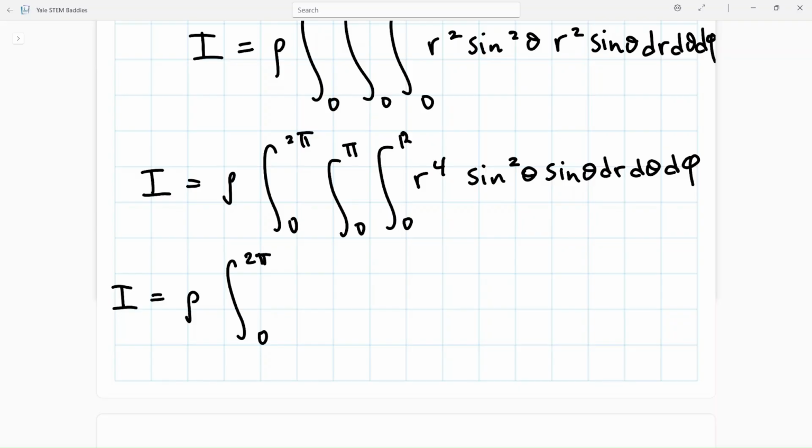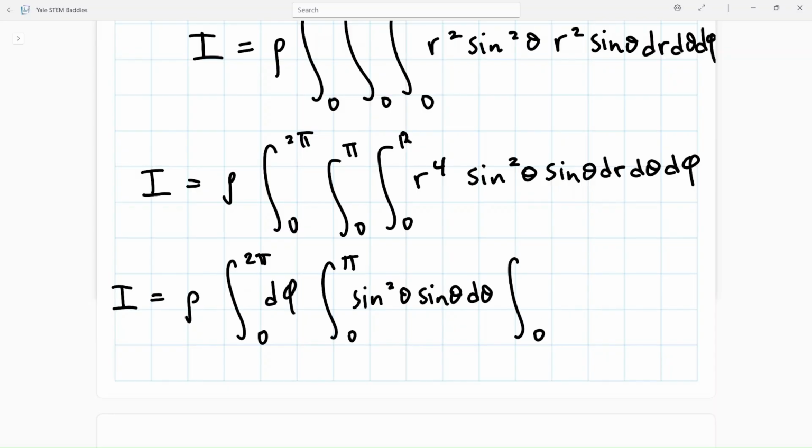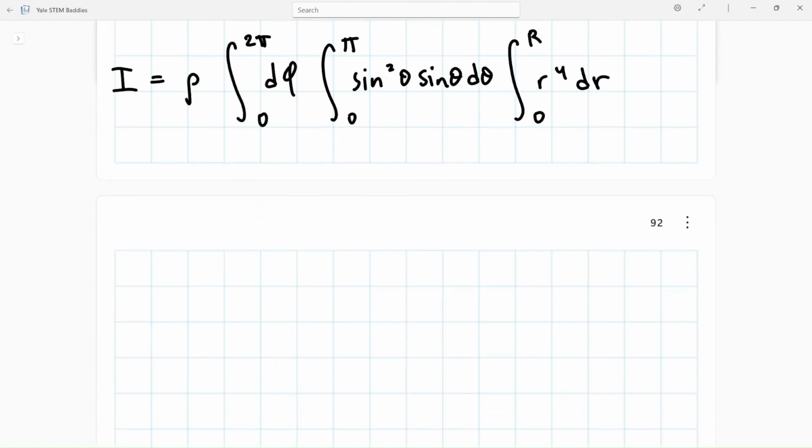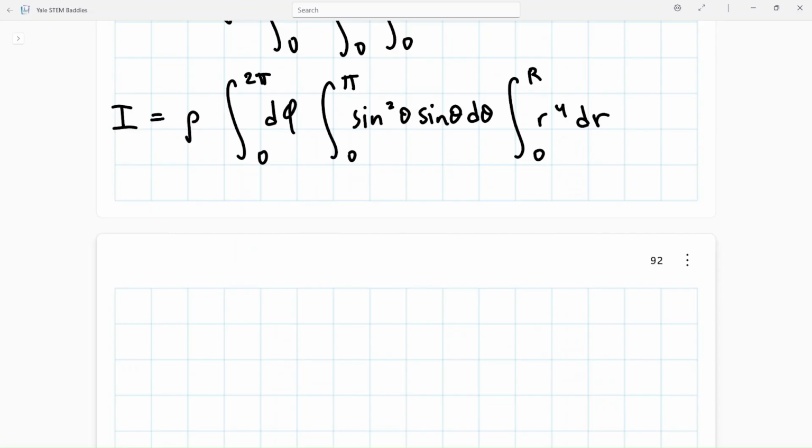So what is our phi integral? Well, there's no function in these guts with respect to phi. So phi is alone here. Our theta integral goes from 0 to pi, and we're left with sine squared of theta times sine of theta d theta. And then our r integral goes from 0 to R of r to the power of 4 dr. Okay, so I know that this integral and this integral are really, really simple.